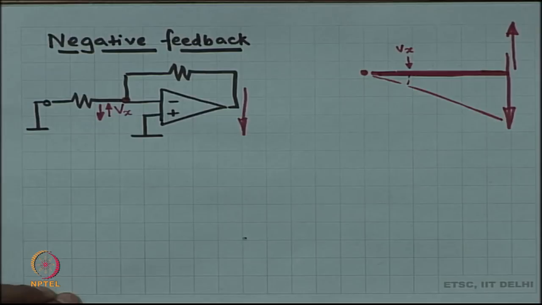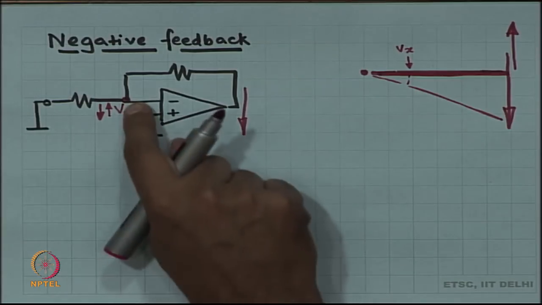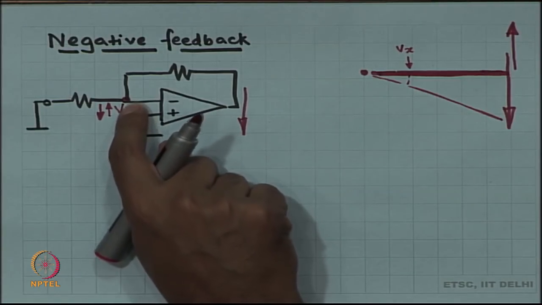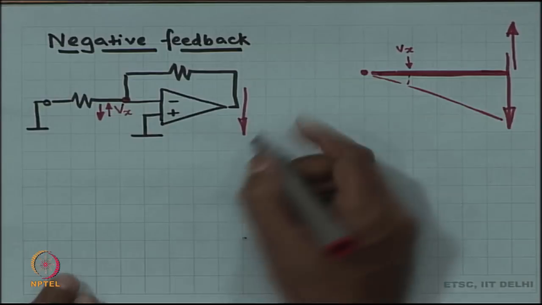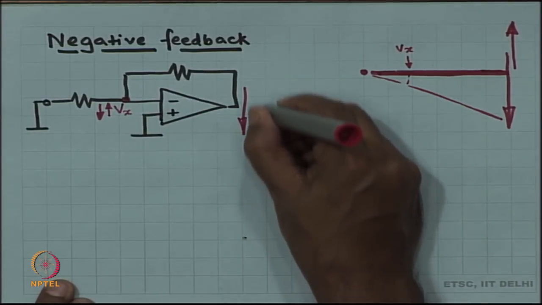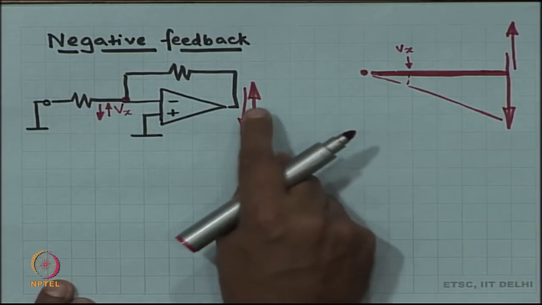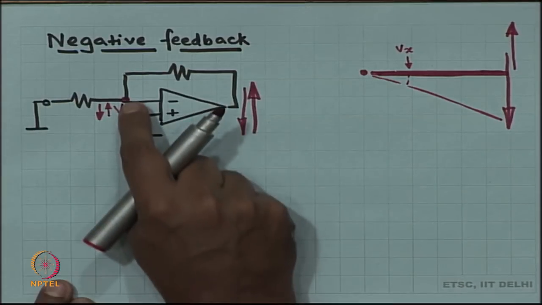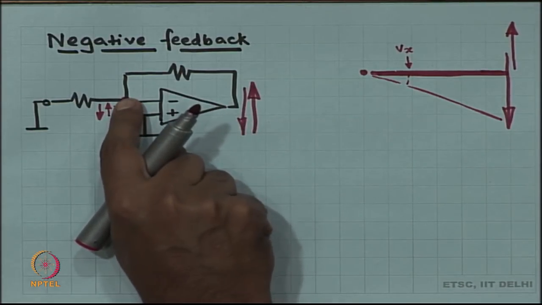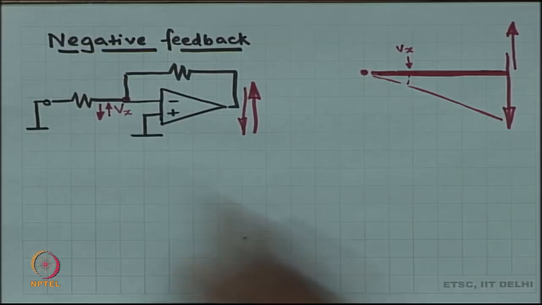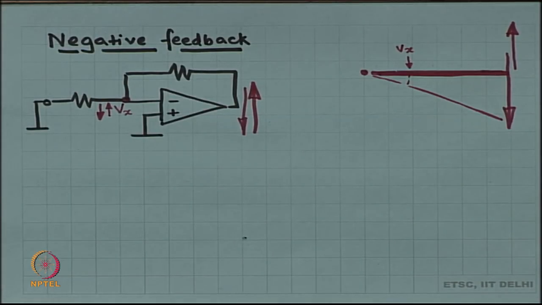This is your negative feedback. If the voltage over here is slightly lower than required, then the output is going to go drastically up, and it is going to correct the mistake that happened at Vx to start with. So, this principle is called negative feedback.